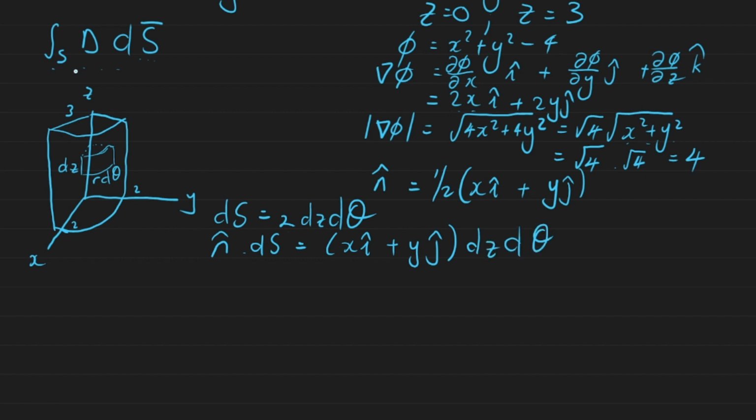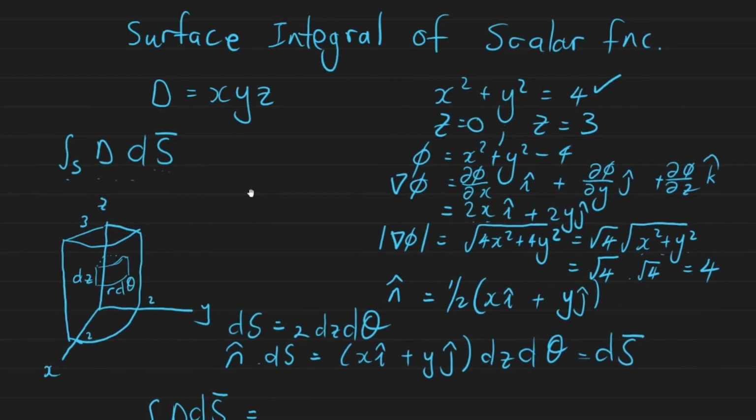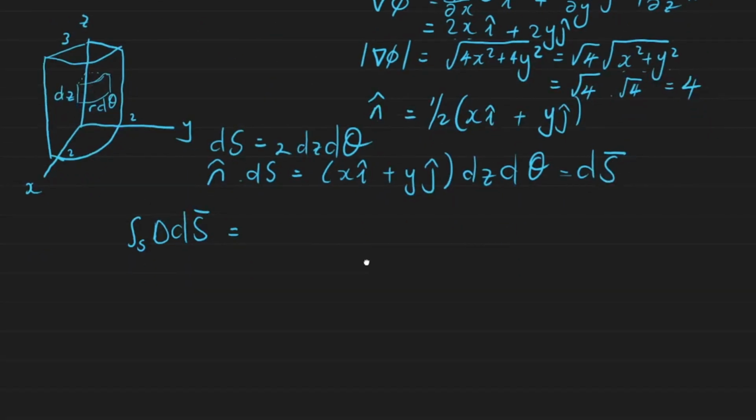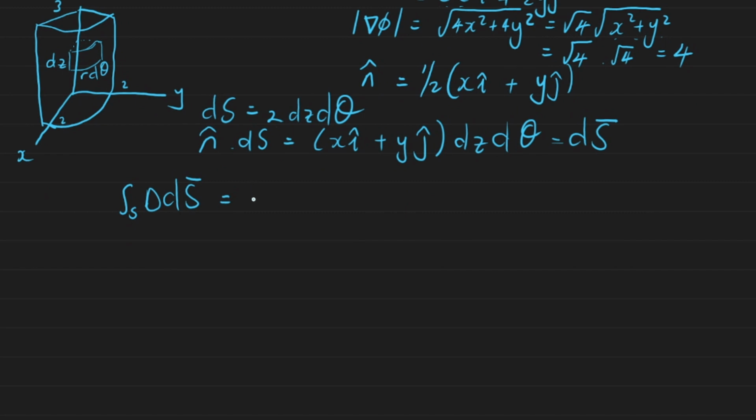So now we're in a position to determine this. If we do that, the integral along the surface of D times dS. So this is what dS is equal to. That's the vector area. And you'd recall that D was just xyz. So that's also stipulated in the problem. So we just substitute that in. So we're doing a multiple integration with respect to dz and d theta.